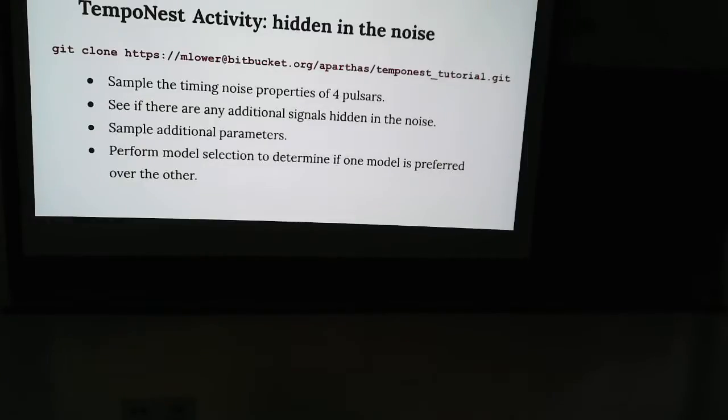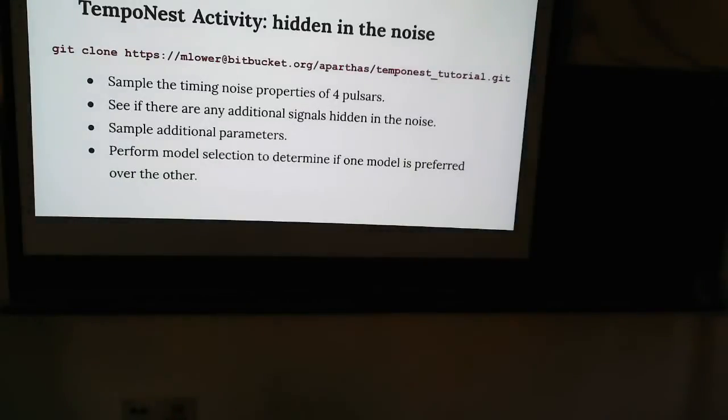We're showing you how to sample not only the red noise and white noise parameters, but also include these additional pulsar properties in your parameter estimation. And if we have time, we can try running some model selection to determine if you are actually seeing the effects of, say, a proper motion or an F2 term versus just a pure red noise model. So, yeah. If there are any more questions, yeah.